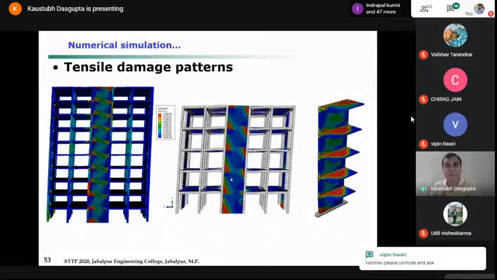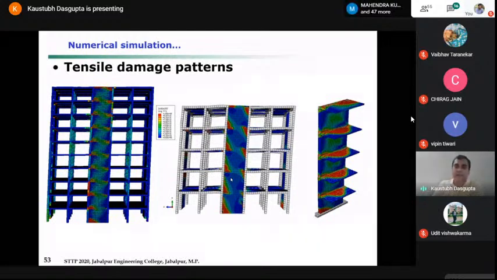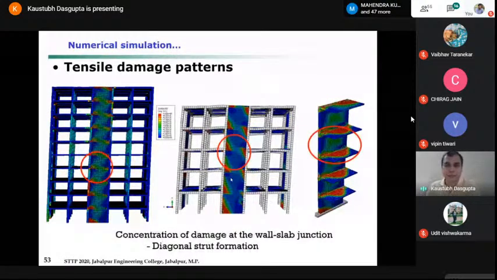If the floor slabs were absent, you would have seen that type of stresses. So the concentration of damage at the wall slab junction, diagonal strut formation, that's observed. If you see the isolated wall also, there also we have that same type of flow of stress. Okay. So this model became sufficient to further carry out parametric studies.